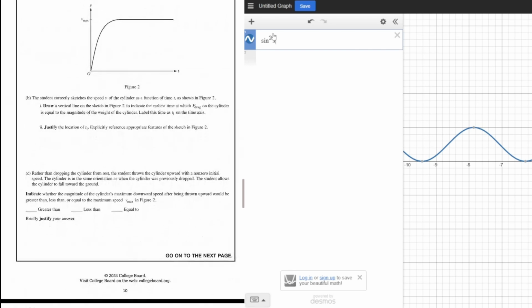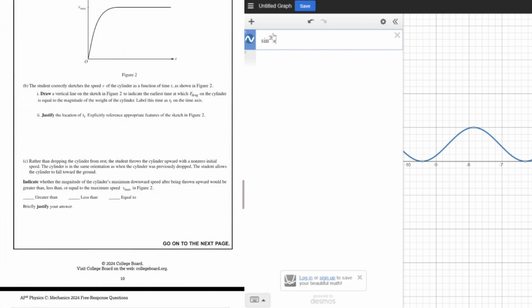Next question. So the student correctly sketches the speed v of the cylinder as a function of time as shown in figure 2. Draw a vertical line on the sketch of figure 2 to indicate the earliest time at which F drag on the cylinder is equal to the magnitude of the weight of the cylinder. So let's visualize this, because it was mg minus b v squared.